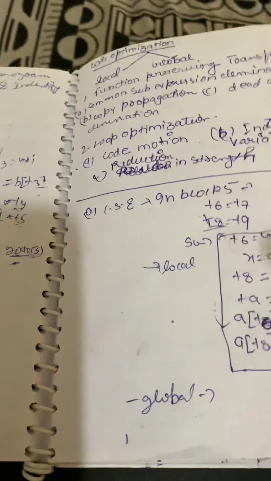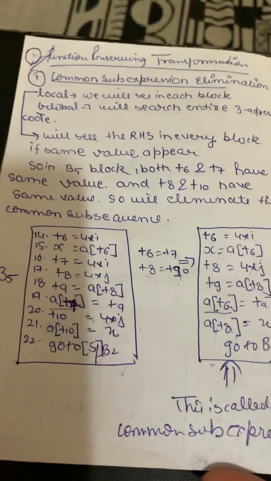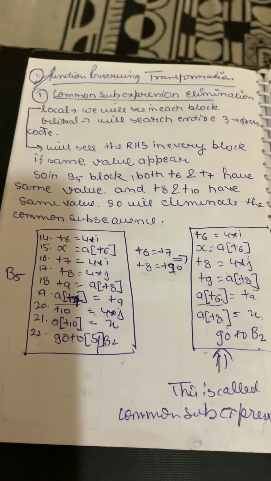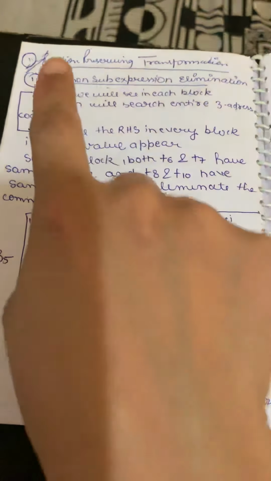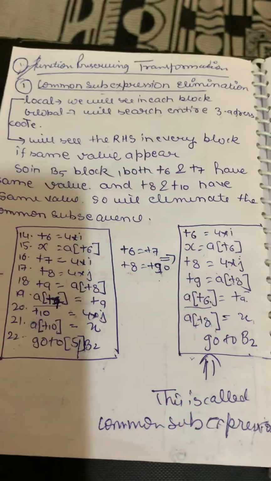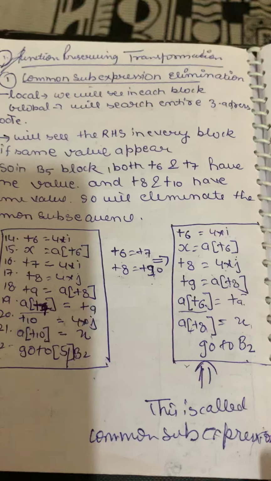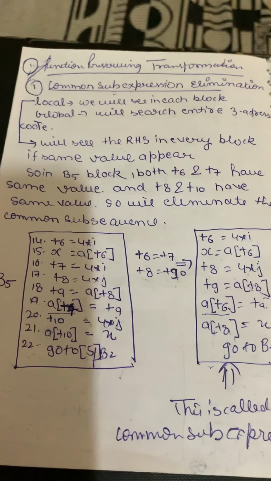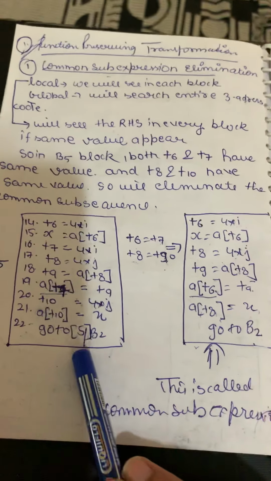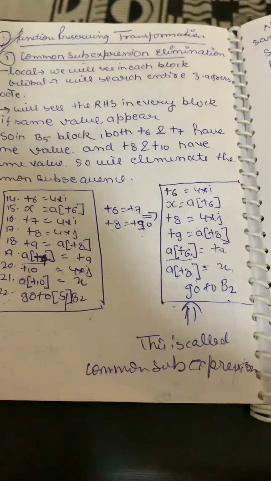First of all, function preserving transformation, and in that, common subexpression elimination. We'll explain it both ways, local as well as global. As the name suggests, we have to eliminate the common subexpression. When doing it locally, we eliminate within the block. For example, take this B5 block. Expressions which are the same, we will eliminate.